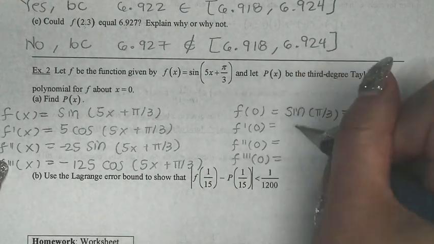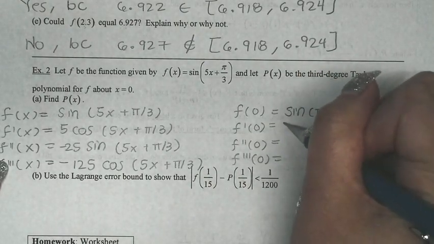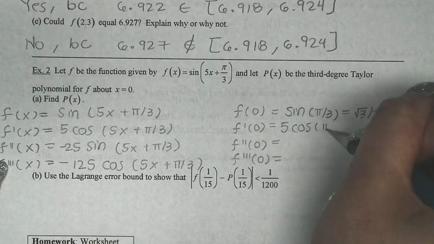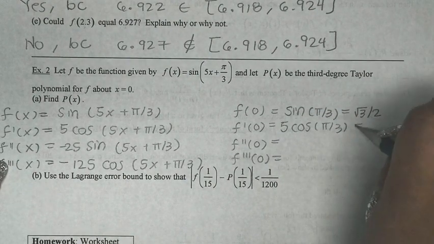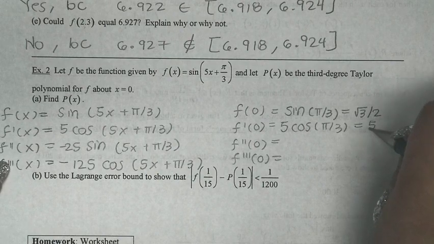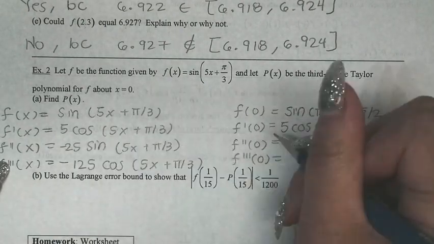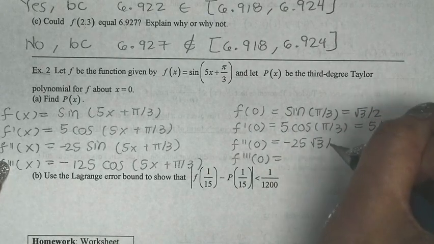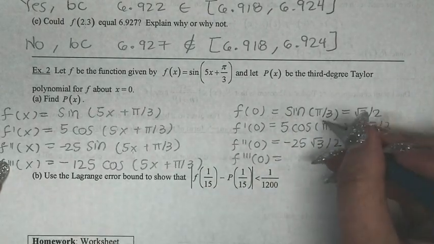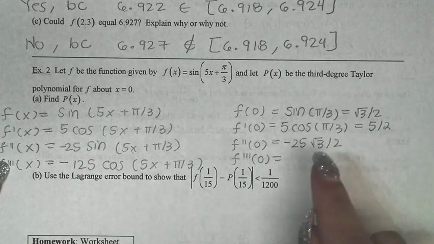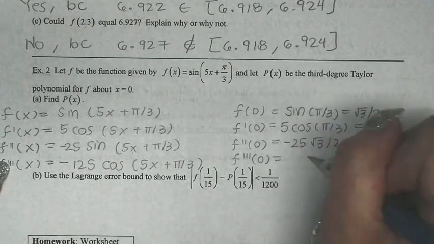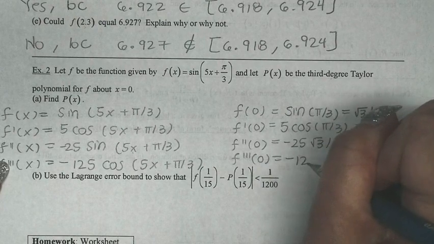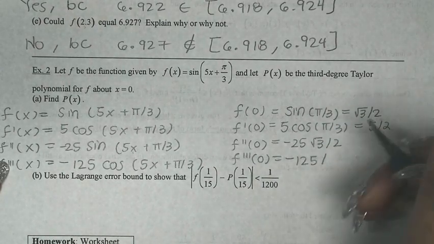In the same way, you have 5 cosine of pi over 3, and cosine of pi over 3 is 1/2, times 5 is 5 over 2. And over here we have negative 25 root 3 divided by 2, because this is a 0, so you have the same as here, only with the negative 25 in front. And similarly here we have negative 125 divided by 2.